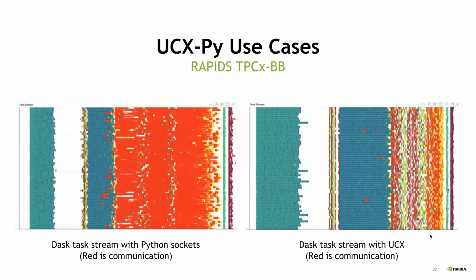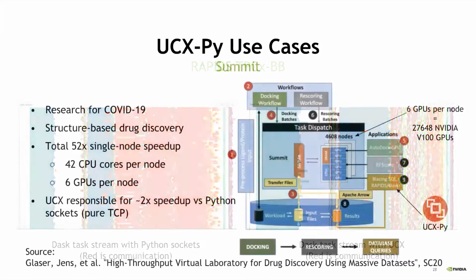So we decreased the total runtime by, if I recall correctly, about a 2x speed up, or maybe even more than that, just by introducing UCX-Py. So that change that I mentioned before, pretty much replacing the protocol from TCP to UCX, you get all this speed up for free.